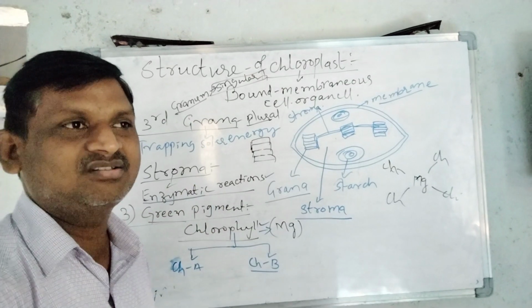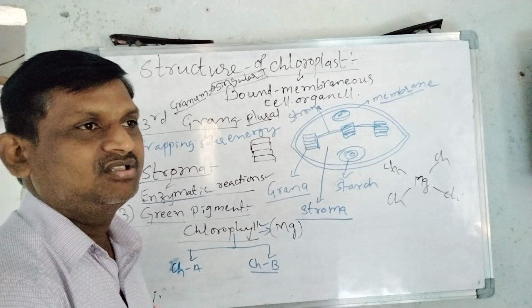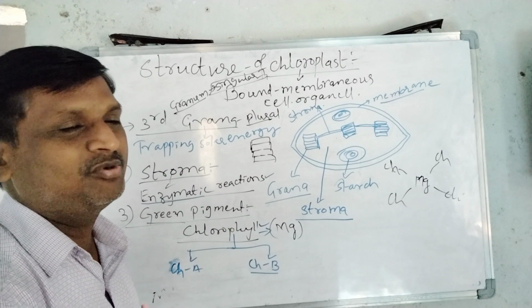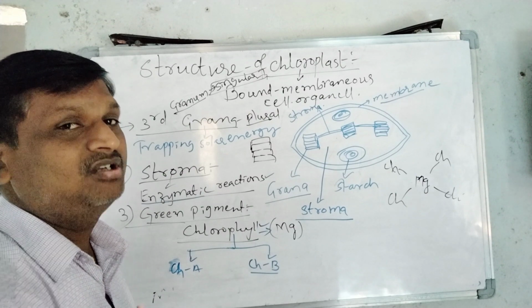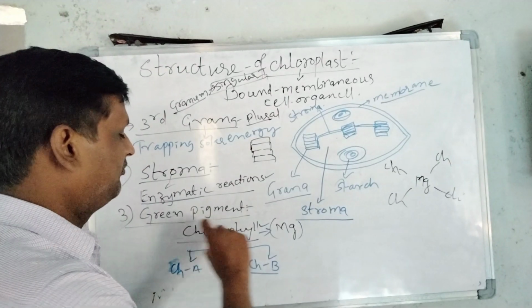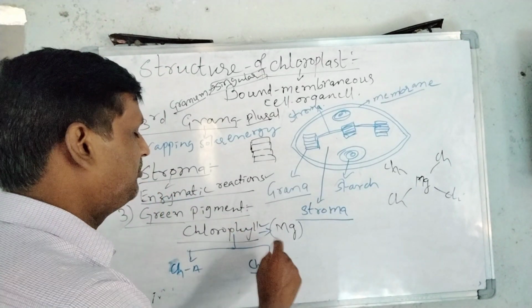Whereas our blood consists of iron. Why? Because our blood is red in color, because of the hemoglobin pigment. Hemoglobin consists of an ion called iron, or ferrous, whereas chlorophyll consists of magnesium.